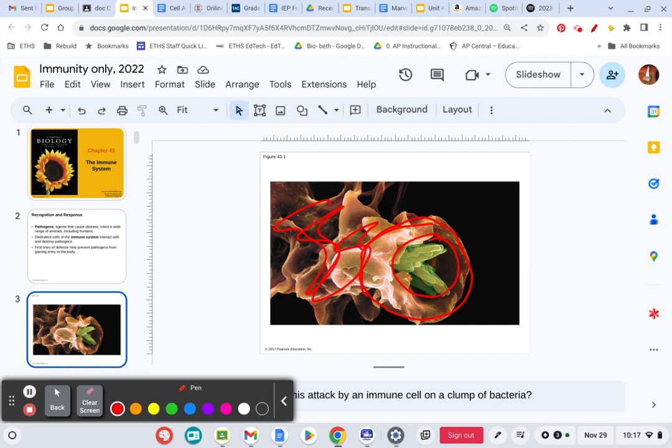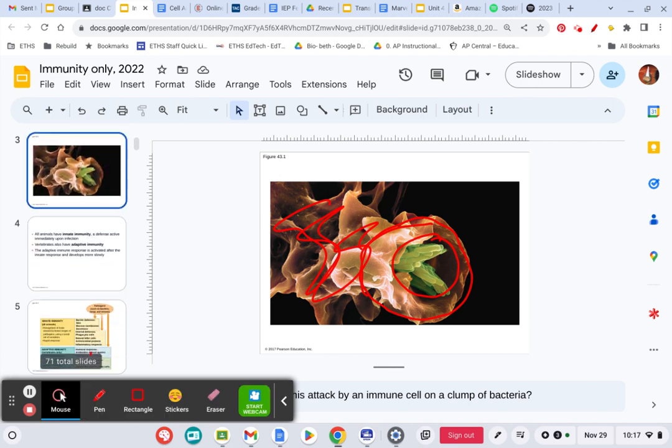It's physically wrapping a membrane around that pathogen so that it can bring it inside of itself. A macrophage is just a kind of immune cell, and we'll talk more about that. It's going to destroy it and make it inert, so that it will not be able to infect us anymore. I just thought that was a cool picture.